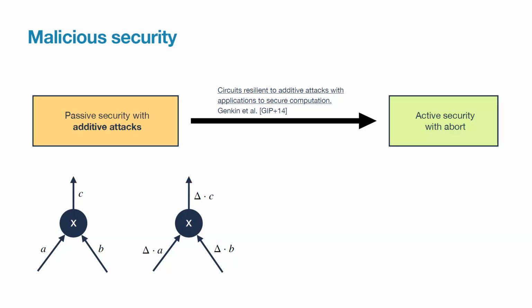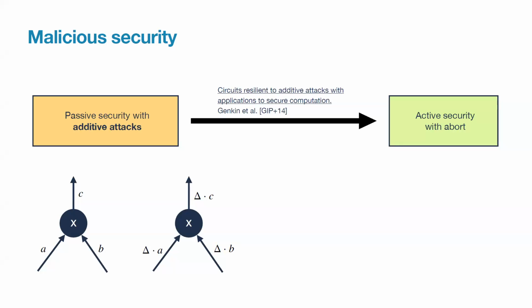Essentially, the way this is done is by running the same circuit twice, once with the original inputs and another time with a randomized version of the inputs. I won't go into a lot of detail, but these two circuits are then used to complete some checking iterations that will tell us if there was an additive error or not.